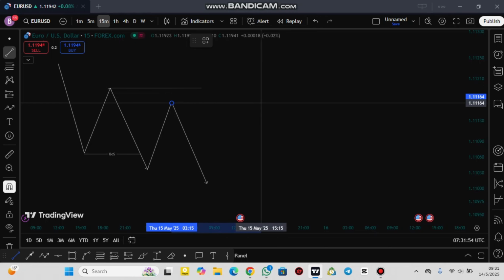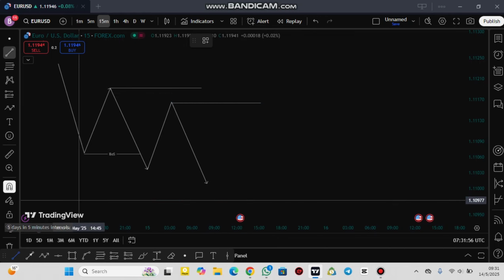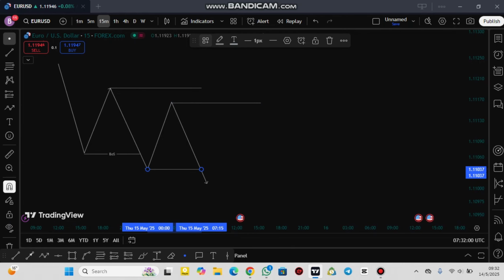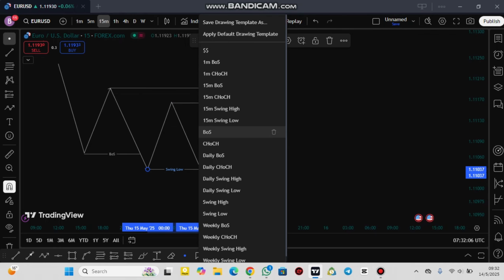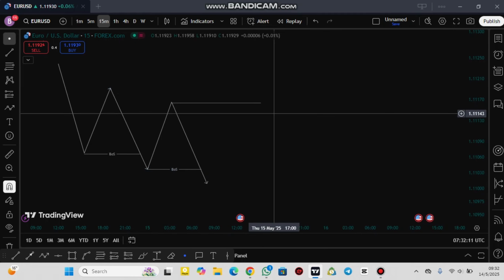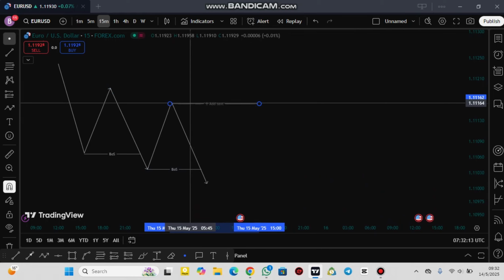Price also creates a new break of structure, so we delete this. So price is bearish, right?